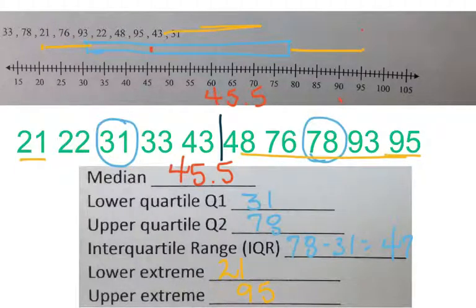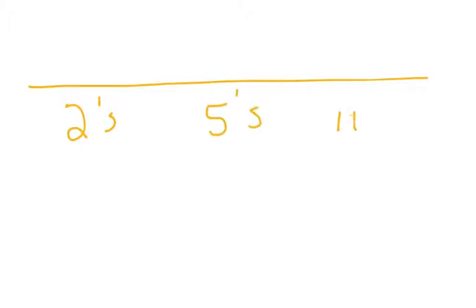All right. So this is what you do when you have a number line provided. When you don't have a number line provided, you're going to have to create your own. I would use a ruler, and you got to decide the data that I have. Does it make sense to count by ones? Does it make sense to count by twos? How about fives or tens?